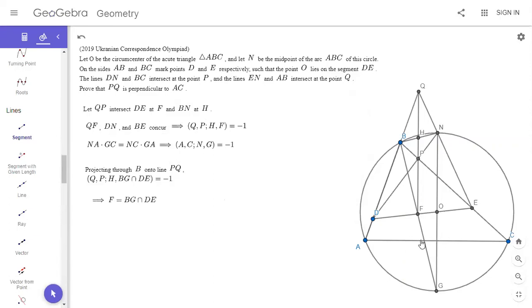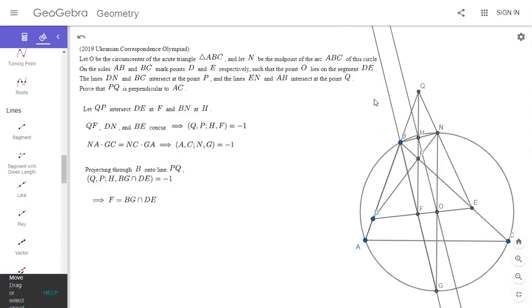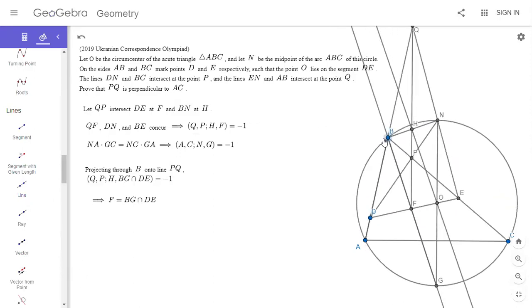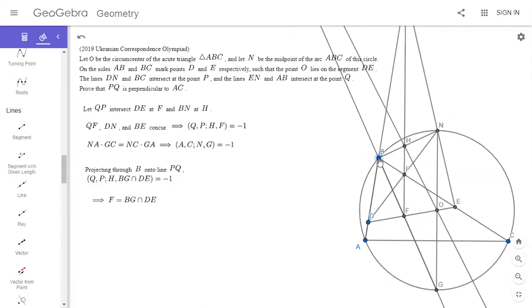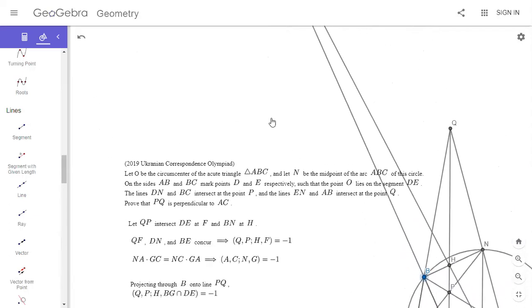All right. Is OH parallel to BG? I'm not sure. Let me move the figure around. I don't think they are parallel.